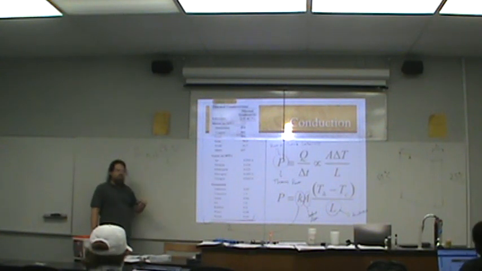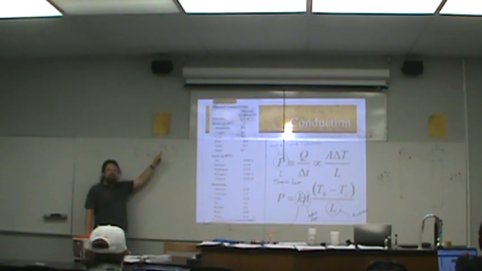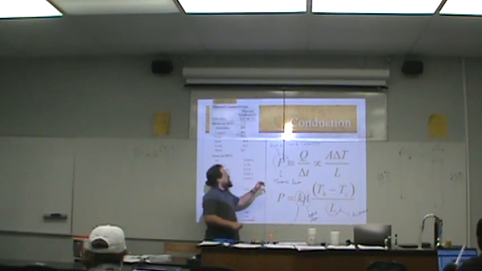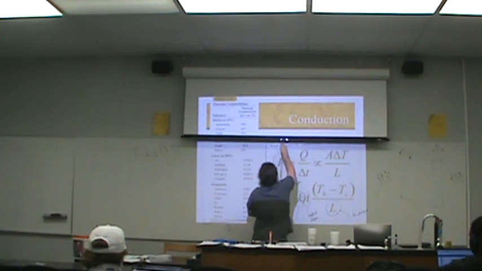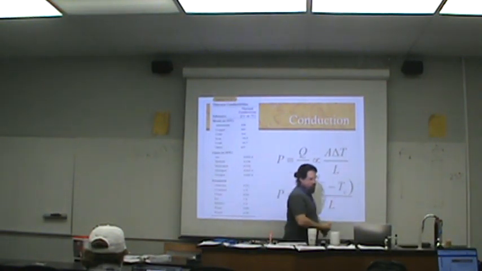Granted, Kelvin will always work, but as long as the formula is delta T, Celsius will work, because the difference between Celsius temperatures is the same as the difference between Kelvin temperatures.